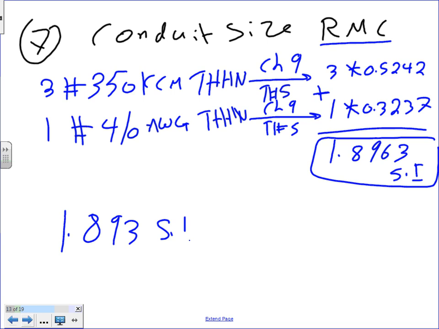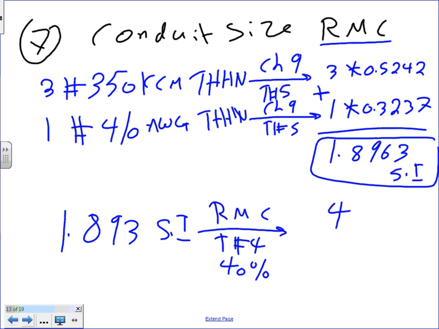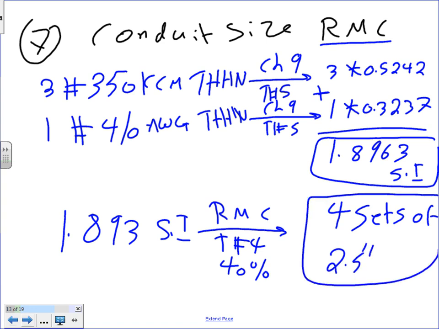Take this into rigid metal conduit, Table 4, at 40% fill. That will give you more than 2. I have 4 sets of how many conductors? 2.5 inch rigid metal conduit.